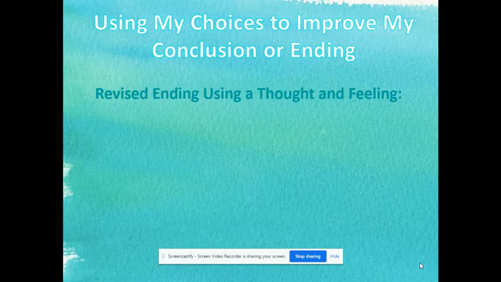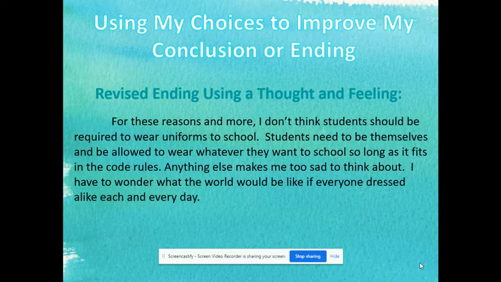All right, so our job is going to be to revise the conclusion that the author has used, and we're going to do that using a thought and a feeling. For these reasons and more, I do not think students should be required to wear uniforms to school.